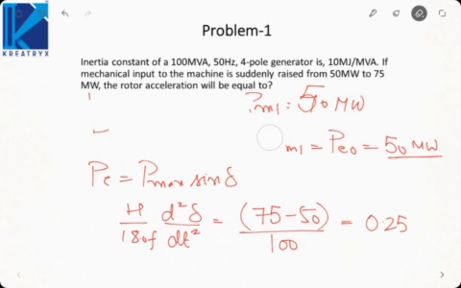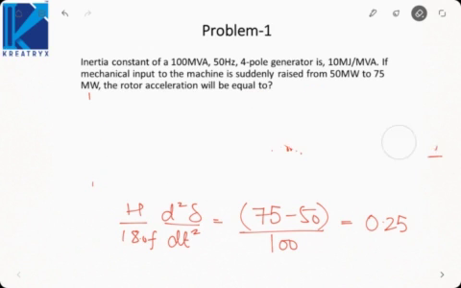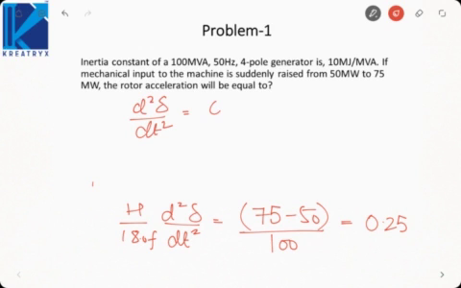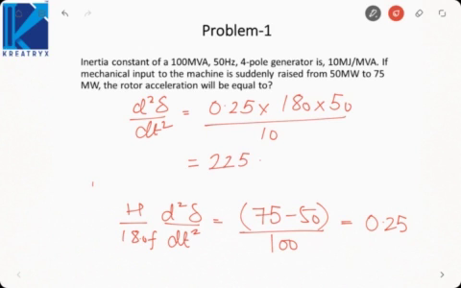From here calculating d square delta by dt square: 0.25 into 180 into 50 by 10, which comes out to be 225 electrical degree per second square. This will be the rotor acceleration.